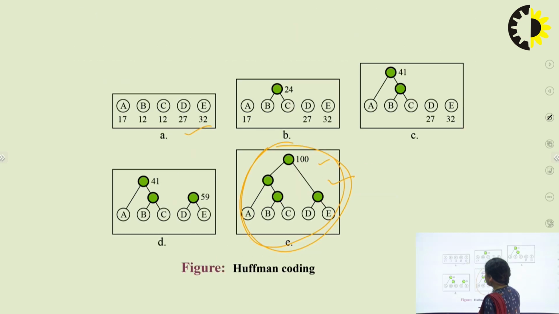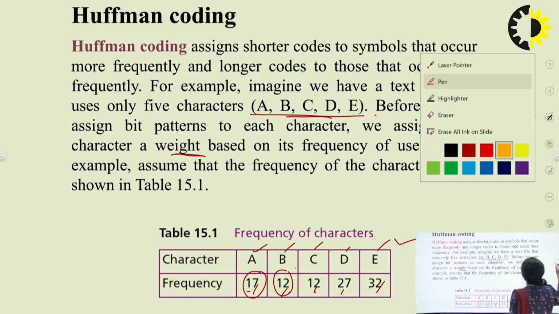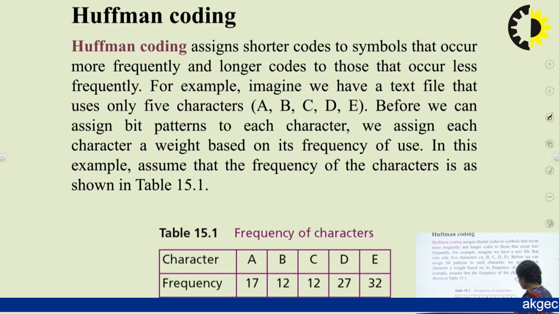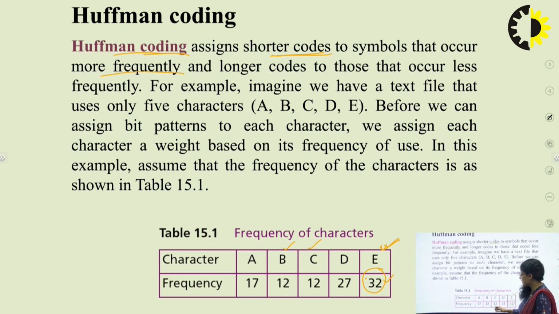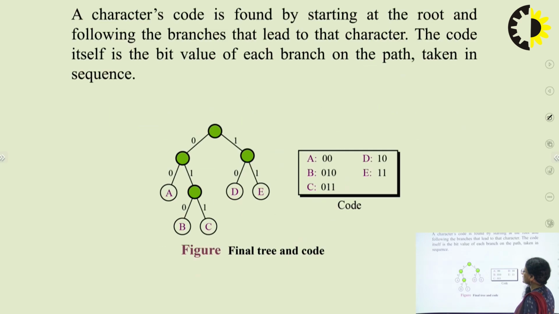If you look at the initial table, the one with the maximum number of occurrences is E, and the symbols with the least number of occurrences are B and C. Now, the logic which Huffman coding follows is that we assign shorter codes to symbols that occur more frequently. Here E occurs more frequently, so we assign a shorter code, and B and C occur less frequently, so we need to assign longer codes, and this algorithm automatically takes care of that. How does it do that? Let us see the example.